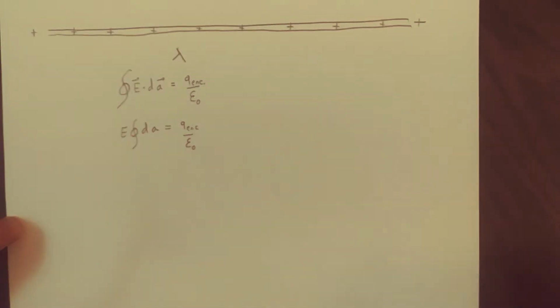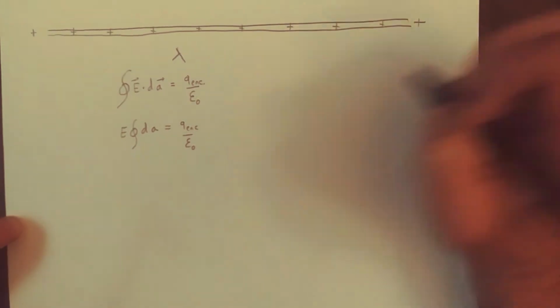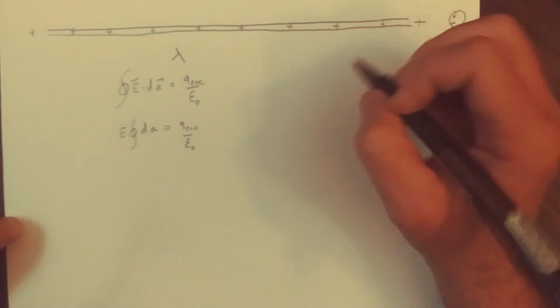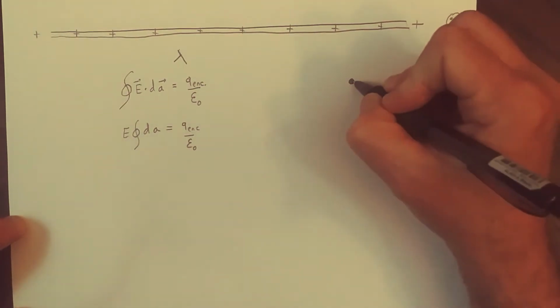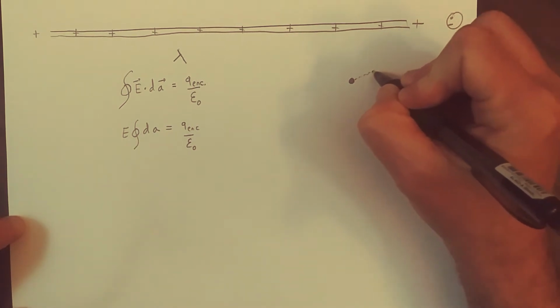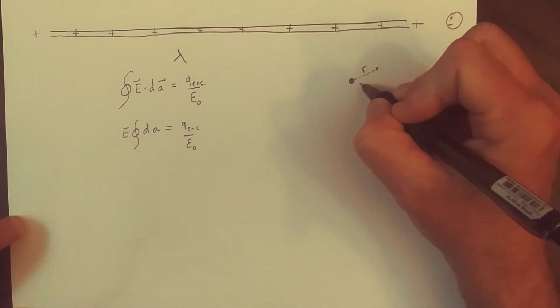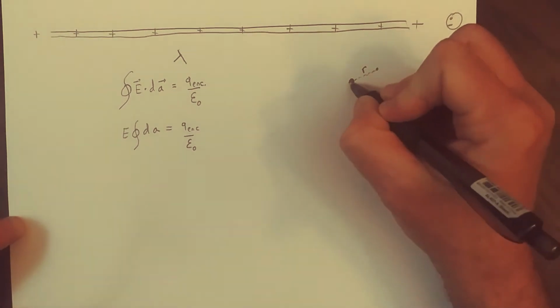And so we have to think about the charge distribution and the symmetry of the electric field. So if we look at this from a perspective like that, so sort of the charge comes right at us, then here is the line of charge, and at some distance r from that line, the electric field has some value, and it must have the same magnitude everywhere at the same distance r.